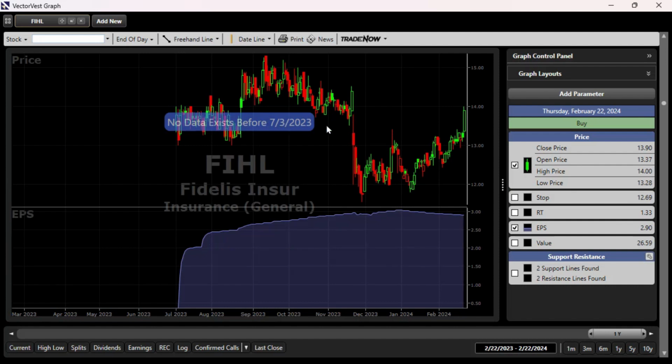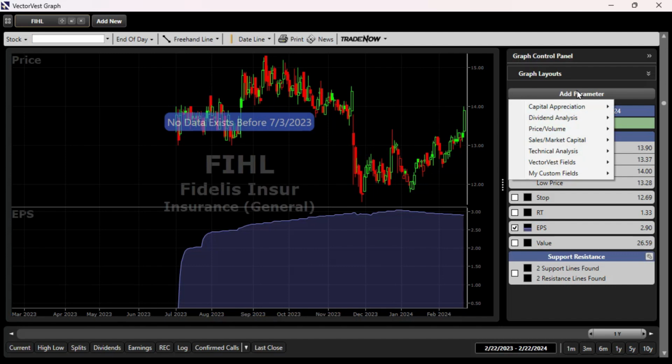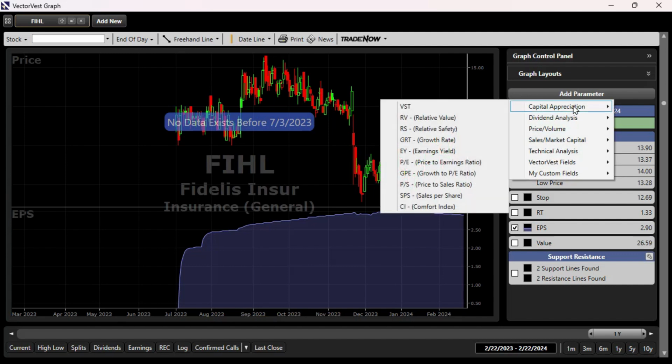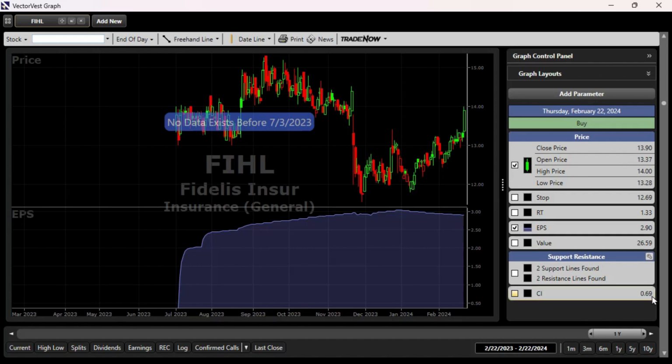Here's an interesting example. FIHL was added to our database in July. So we're graphing the data that we have, but we see that most recently, from the end of last year, we have been in an uptrend, even though we're about flat since we entered it into the database. I'm going to add a parameter here, and let's add that CI indicator, just so I can see the data point.